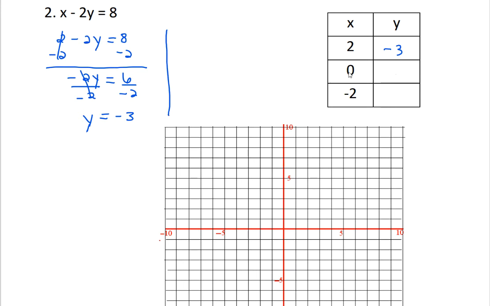Let's go ahead and plug in 0 for x. Okay, so 0 minus 2y is the same thing as -2y. And then I'm going to divide by -2. And I get y equals -4.